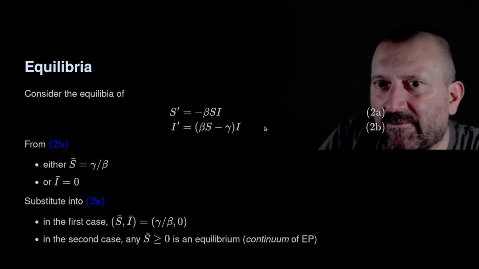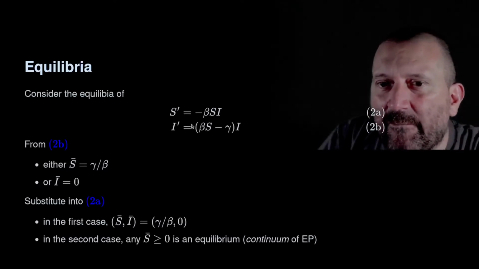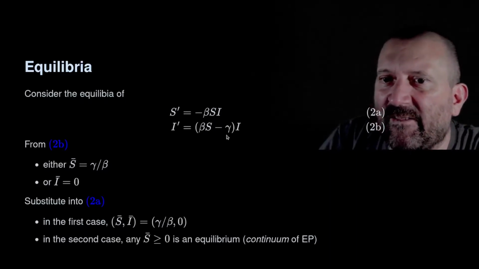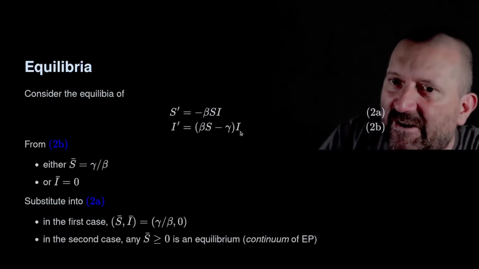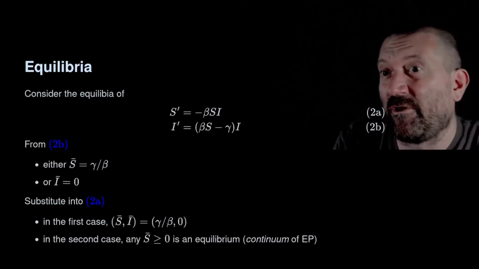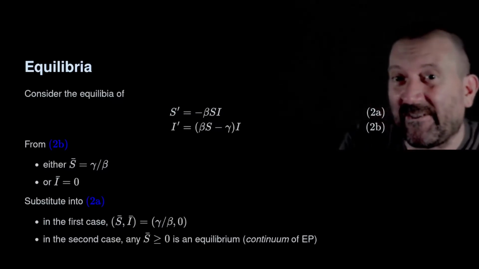If that equals 0 and that equals 0, then what happens? Well, from that second equation, I can see that if I set beta S minus gamma times I equal to 0, these are scalars. So the product of two scalars equal to 0 means that at least one of them is 0.